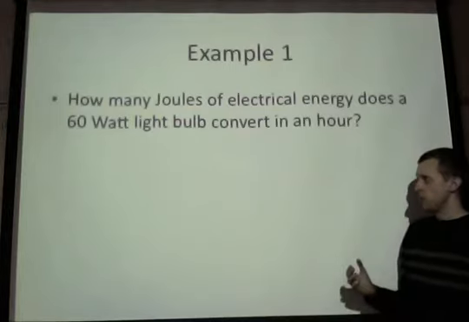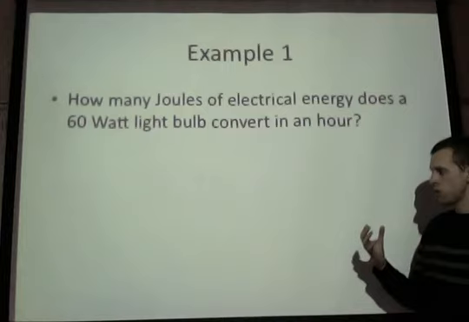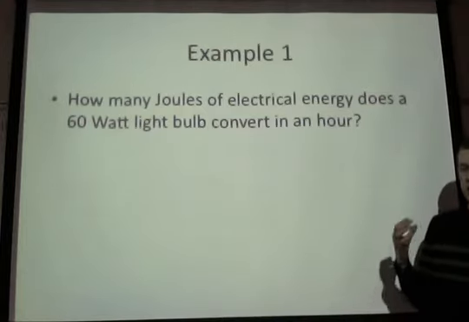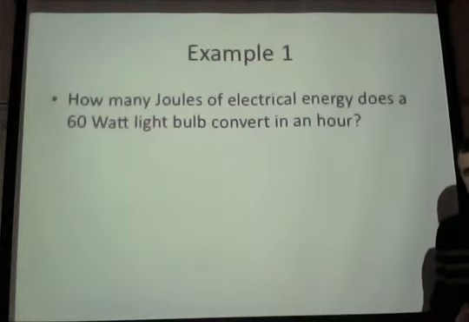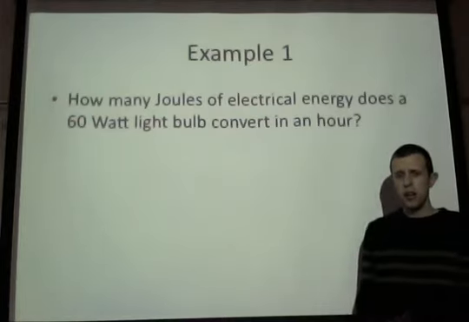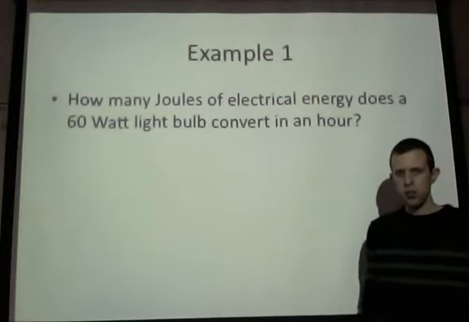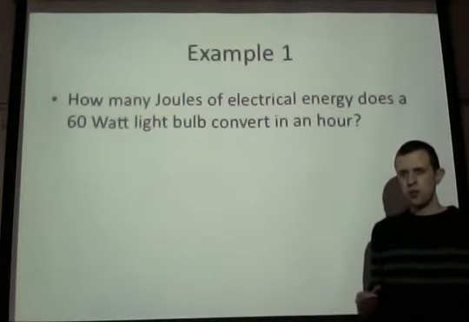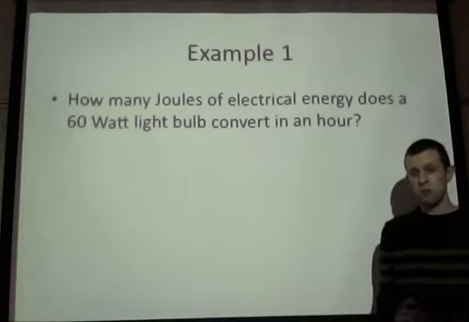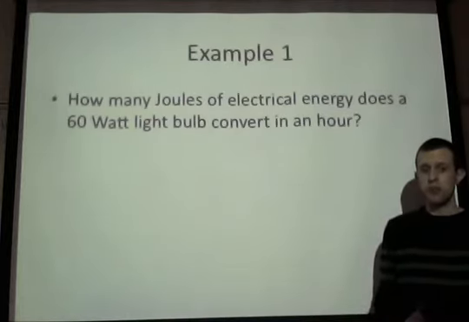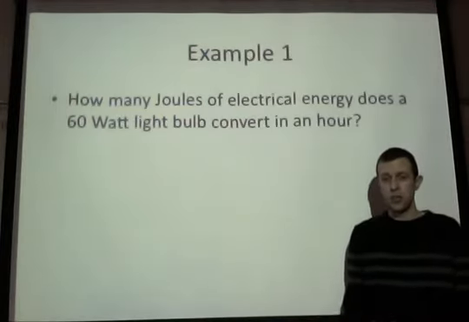60 watts is the same as 60 joules every second. So 60 joules of electricity come into that light bulb every second, and the light bulb converts it. Now, depending on what kind of light bulb we're talking about, we have different amounts of that energy turning into different new types of energy. With those older incandescent light bulbs, those were often something like 10 to 20% efficient, which meant that 10 to 20% of our energy gets converted into light.